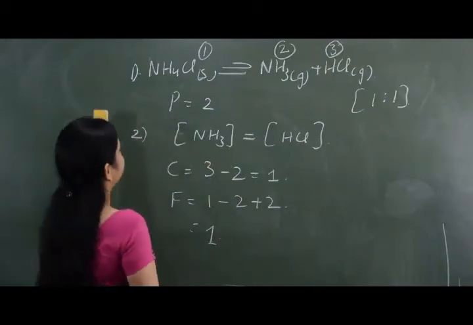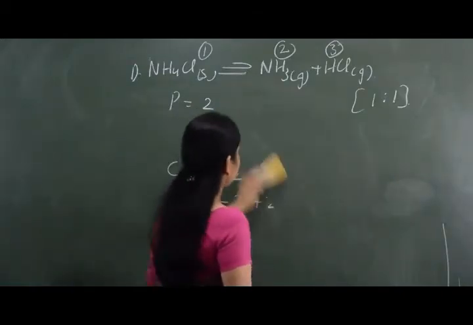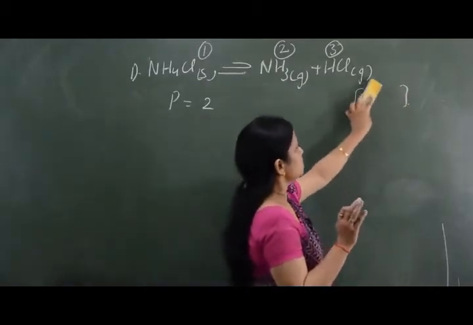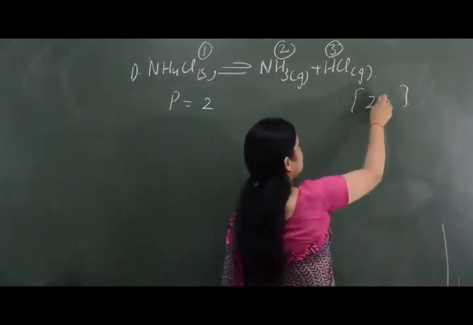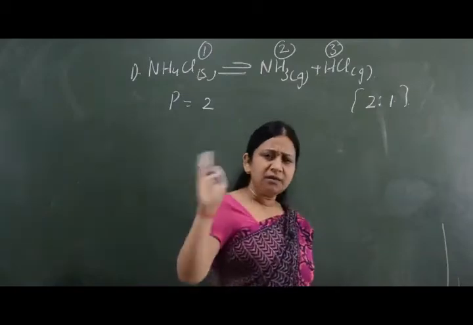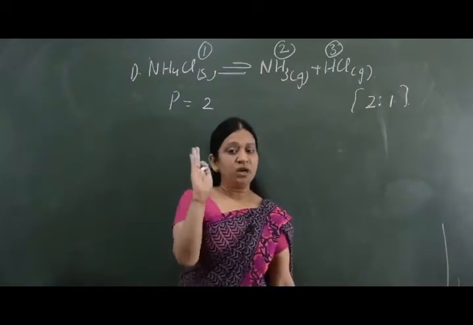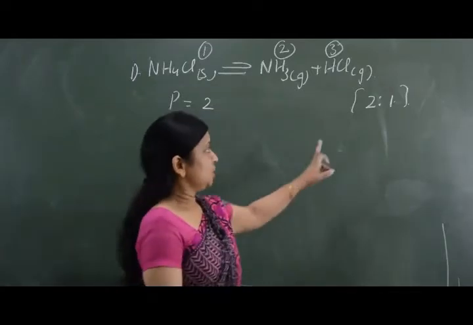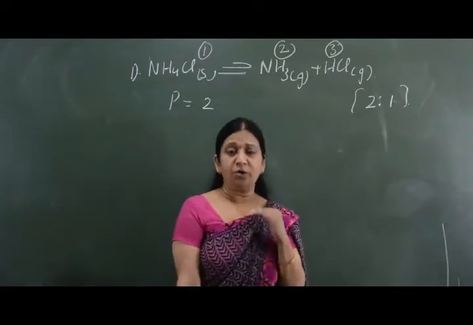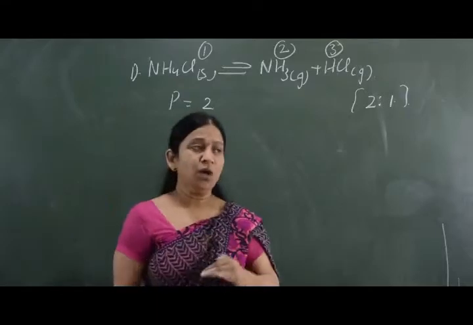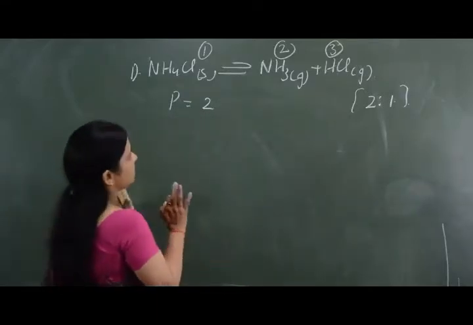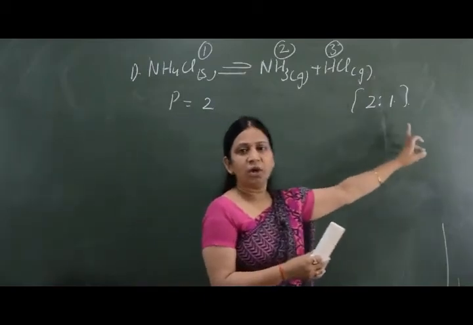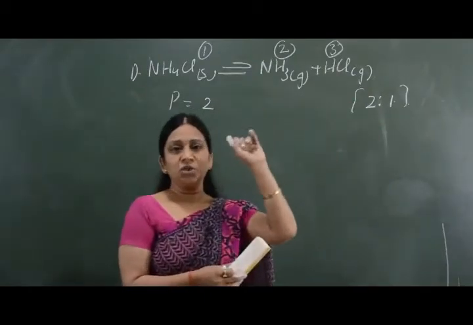Now the second condition, if this ratio is not 1:1, suppose it is 2:1 or any other ratio except 1:1, in that condition we cannot write the second equation. Because we are not able to write the second equation in this particular system when the ratio is not 1:1, only one equation is there.